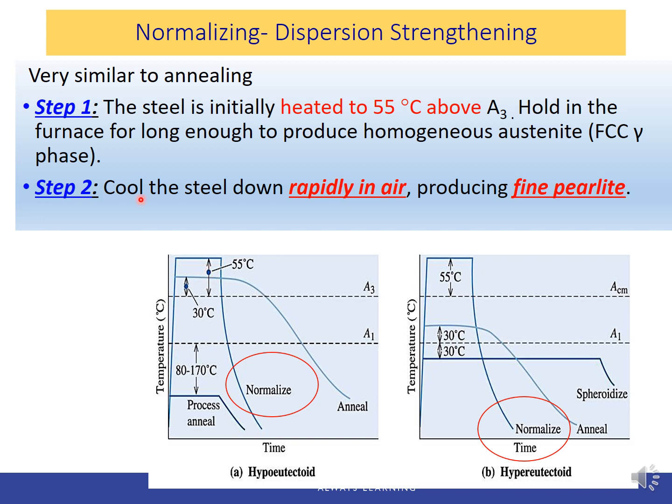And in step 2, instead of cooling it slowly, it will be cooled rapidly in air, which will produce fine pearlite, and the resultant property will be tougher steel.